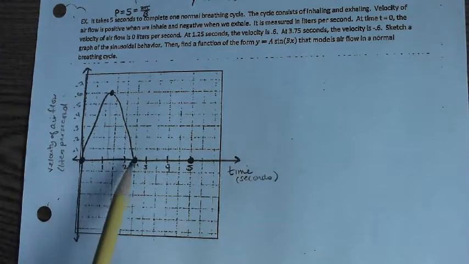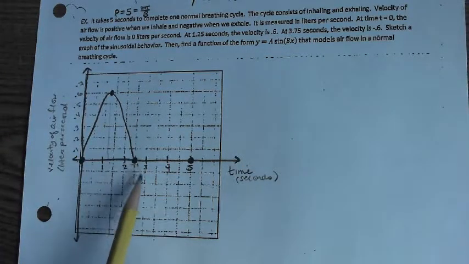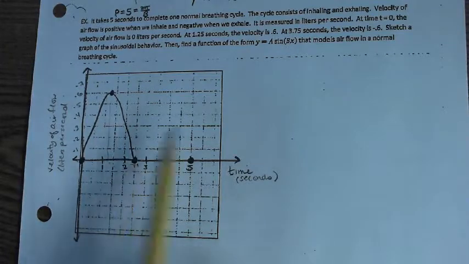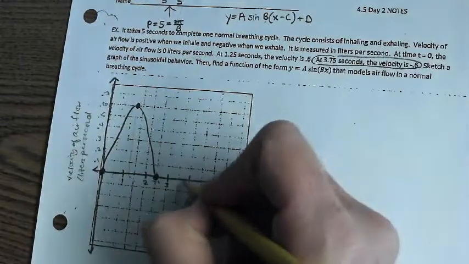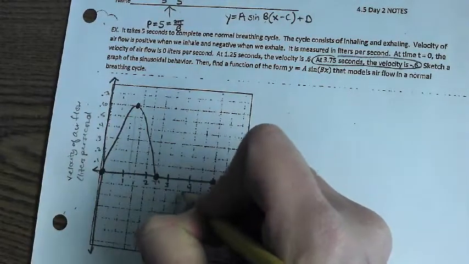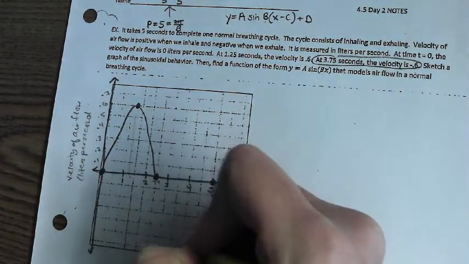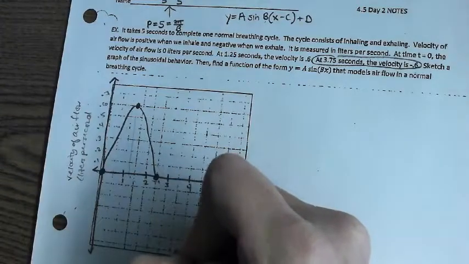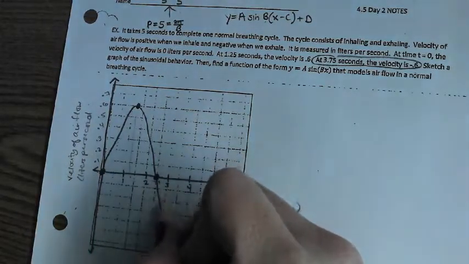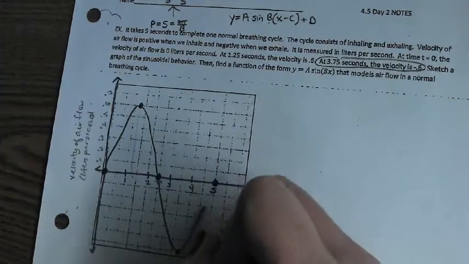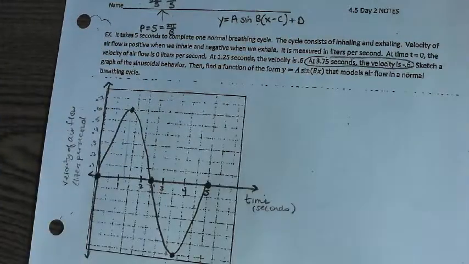And then 1.25 seconds after the 2.5 will be the 3.75 that they're about to give us, and the velocity is negative 0.6. And then we complete the curve within that 5-second period that we decided.